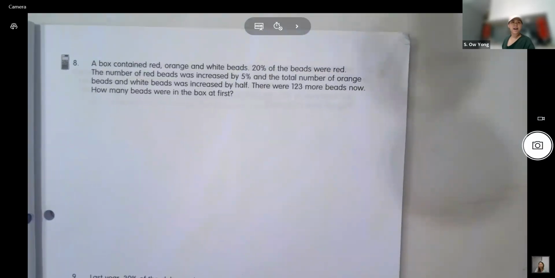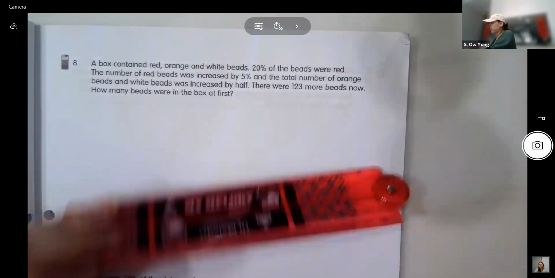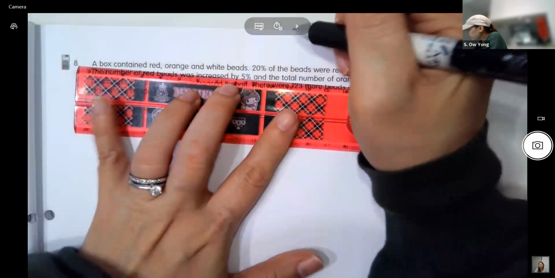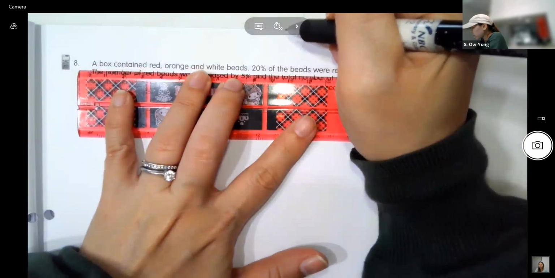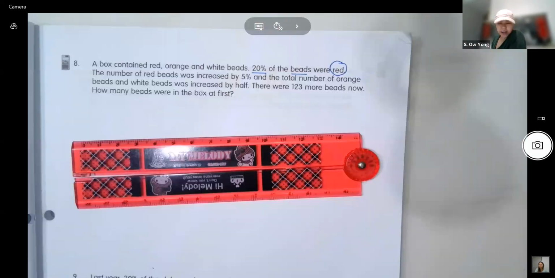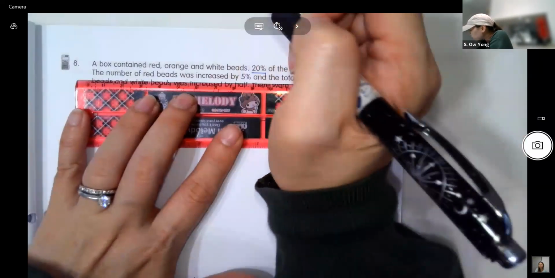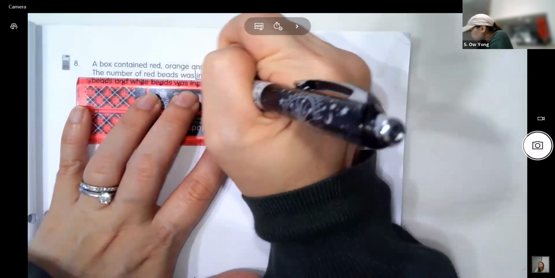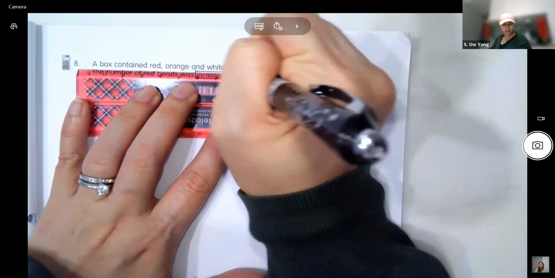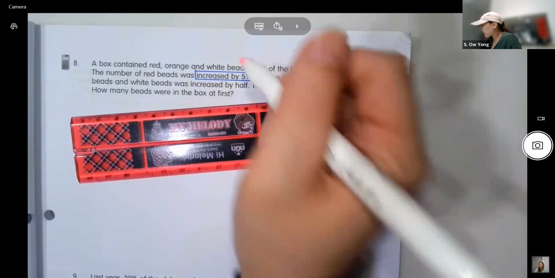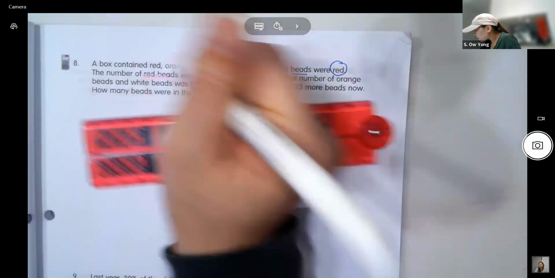Question 8. A box contained red, orange, and white beads. 20% of the beads were red. The number of red increased by 5%. Okay, this 5% come from the red beads.